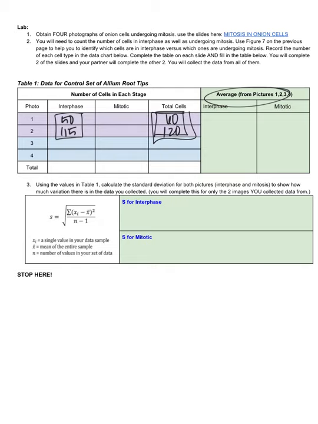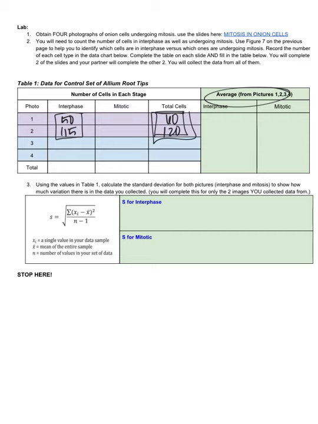If we were to find the average, let me calculate it really quick, it would be 107.5. This standard deviation is going to be massive when we try to find it for interphase.